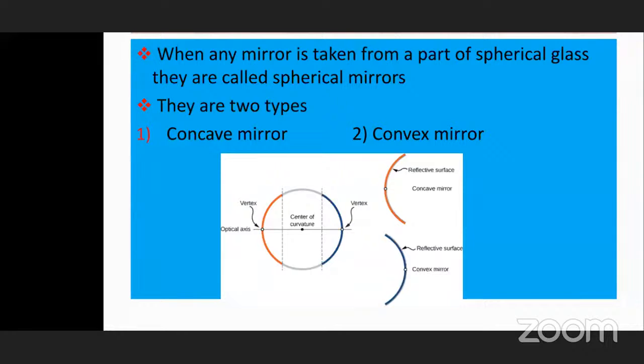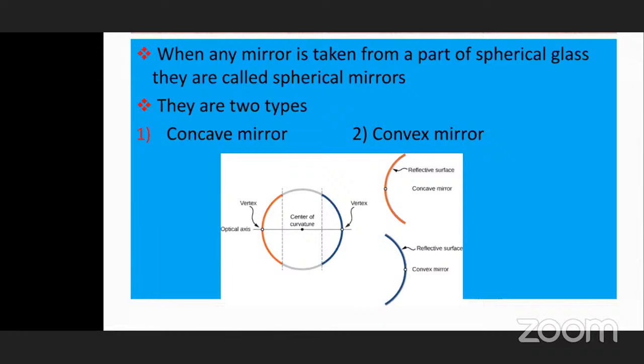If it is a hollow sphere and you take two parts, one side in red color is the reflecting surface, and the other side is polished, that is, we have put a paint so that light does not enter. Only these mirrors make the light reflect.